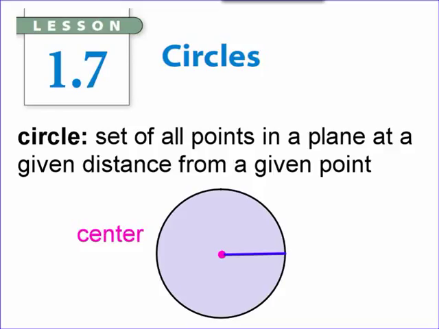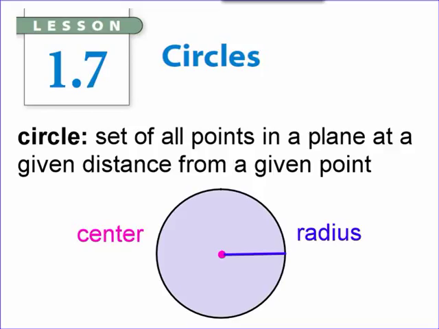That's the center. What do we know about the blue segment? That's the radius. So we've got a center and a radius. Now every point along the black is going to be the same distance from the center. It's going to be the radius.